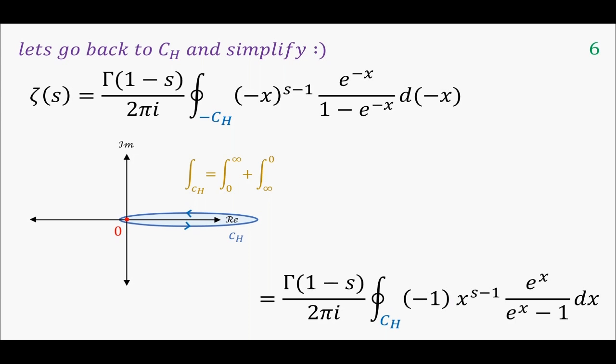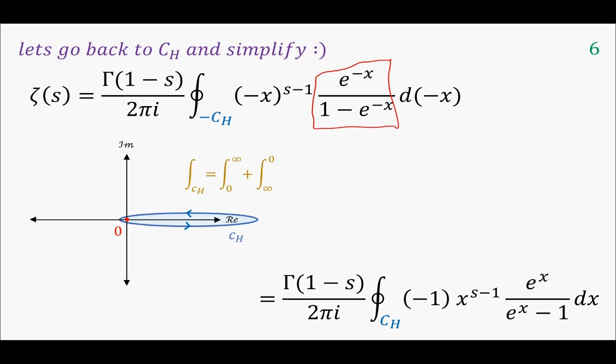So let's go back. Now that we made that substitution for x, which allowed us to make use of the geometric series, we got rid of that summation formula and got a nice little expression right here that seems very workable. Let's go back to the original contour, the Hankel contour.